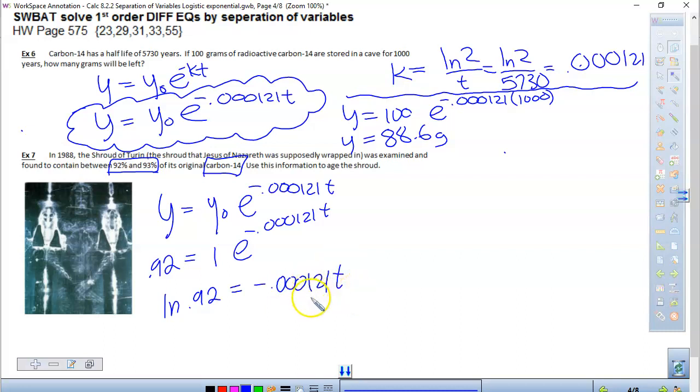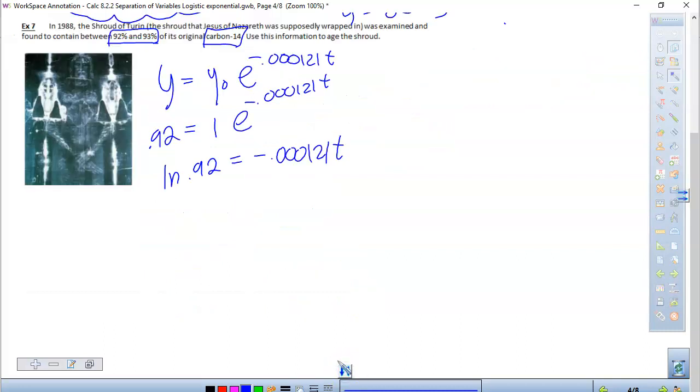T will be that divided by that. So what is the natural log of 0.92 divided by negative 0.000121? I'm getting something around 600. 689. 689? What? 689.